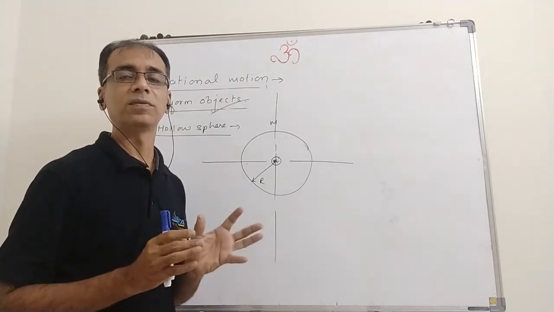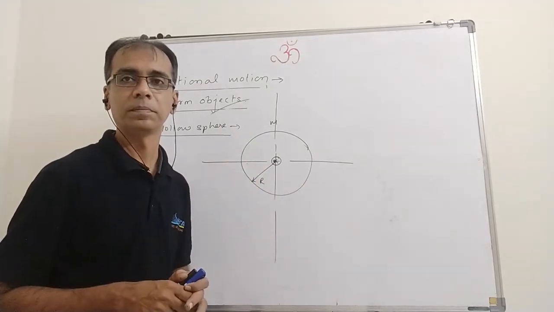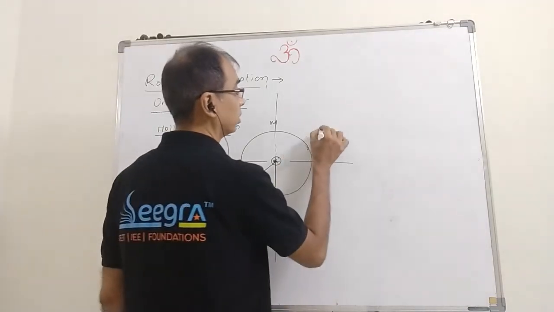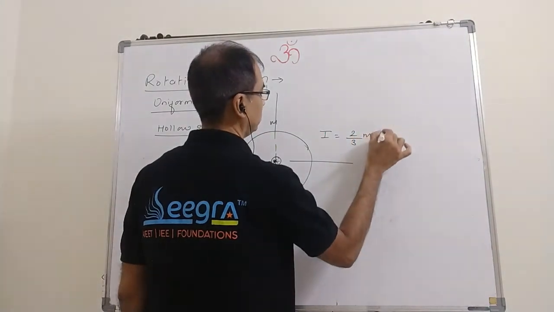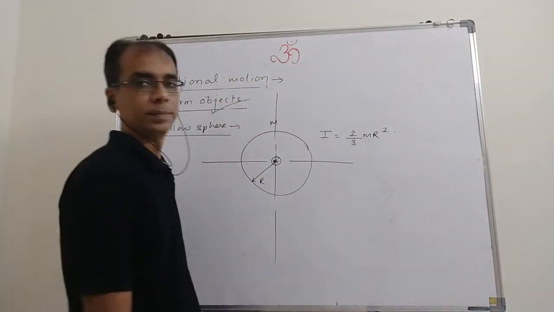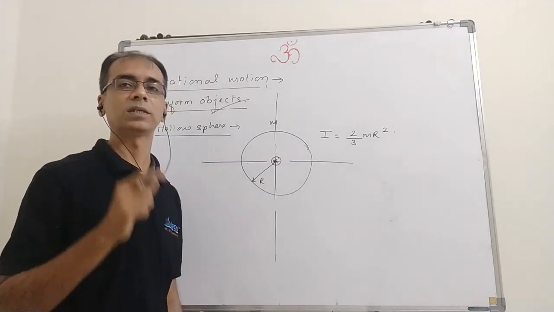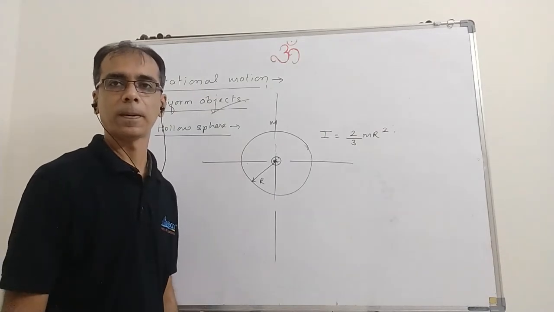So moment of inertia about any of the axes will be same. And what is that? That moment of inertia you have to remember: 2 by 3 m r square. Remember, for hollow sphere, when axis is passing through the center, whether it's x, y, or z axis, moment of inertia is 2 by 3 m r square.